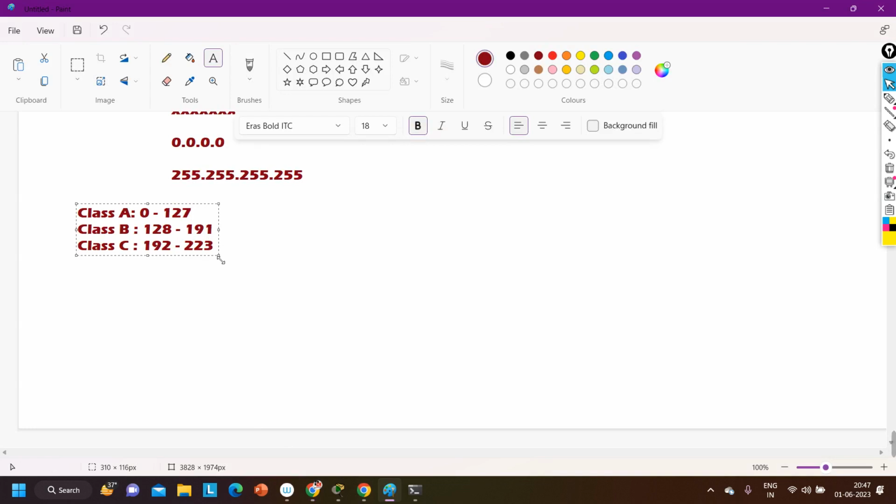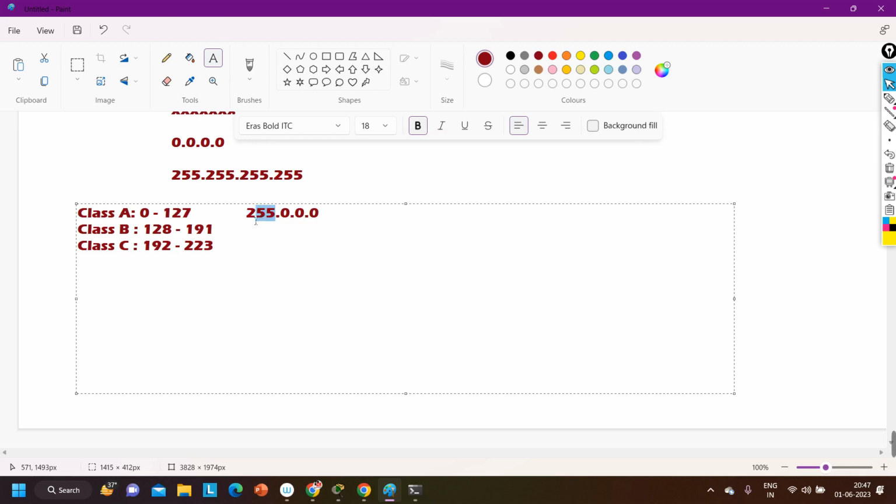So we have defined the subnet mask for all classes. See, the subnet mask for class A is 255.0.0.0. 255 means in the first octet all bits are 1; you can represent the subnet mask in bits also. The subnet mask is also a binary value represented in decimal.